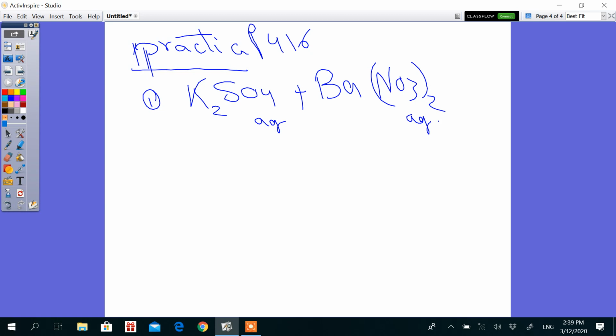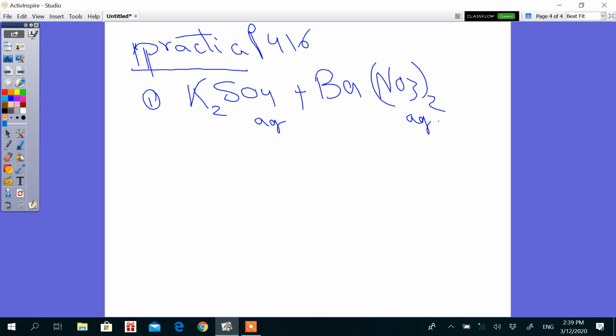So we must put them in an equation and know the net equation and the spectator ions, everything to understand how there will be a solid product, and write the net ionic equation for that.